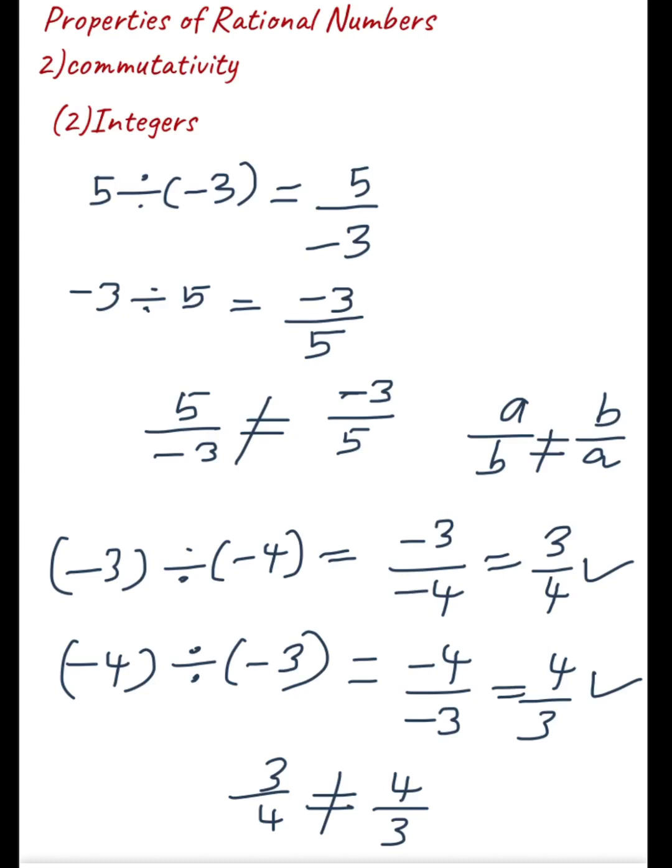Understand? Now let's conclude all the points about integers: addition, subtraction, multiplication and division. Okay. Here you can see that addition and multiplication are commutative for integers and subtraction and division are not commutative for integers. Just the same result as that of whole numbers.